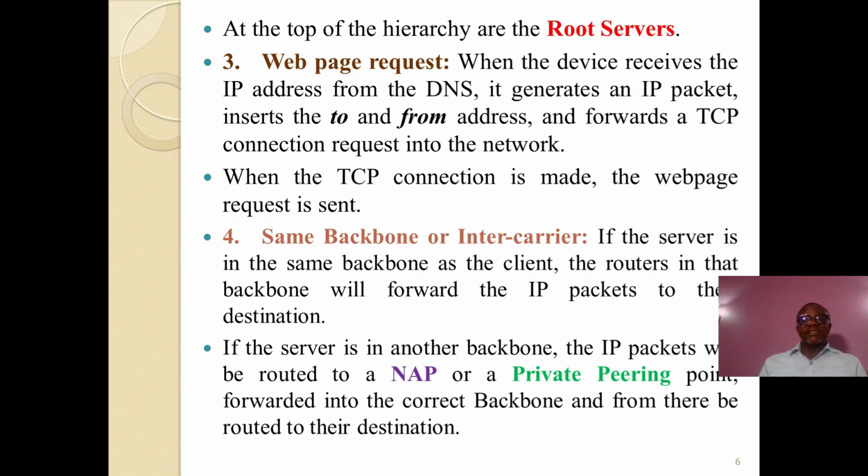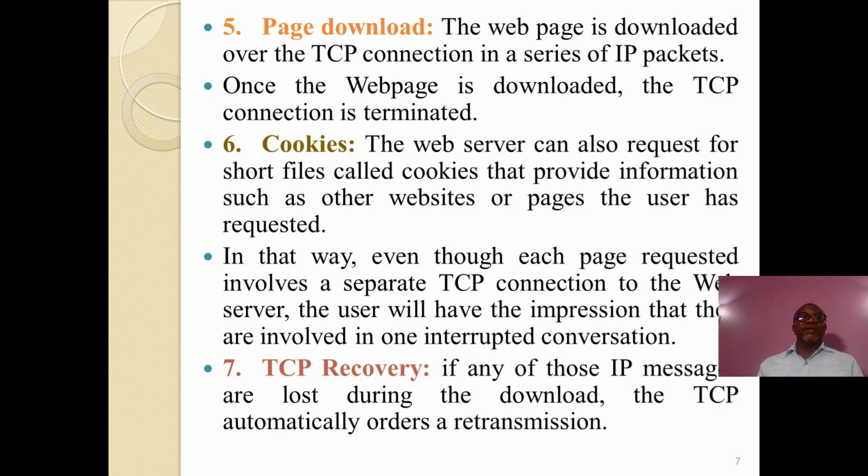If the server is in another backbone, the IP packet will be routed to a network access point or a private peering point, forwarded into the correct backbone, and from there it will be routed to their destination.